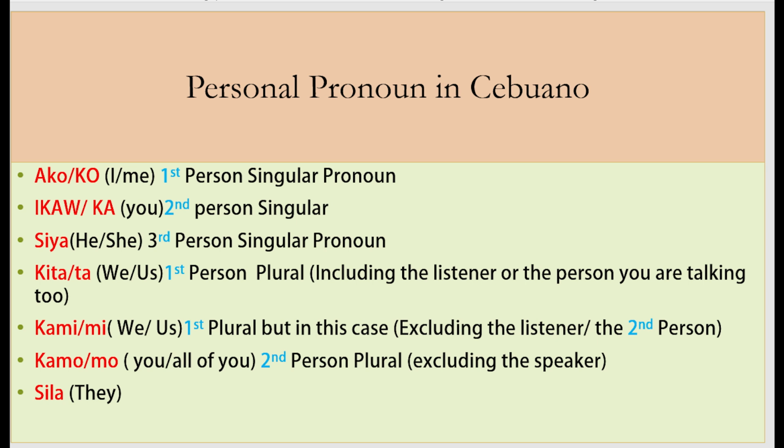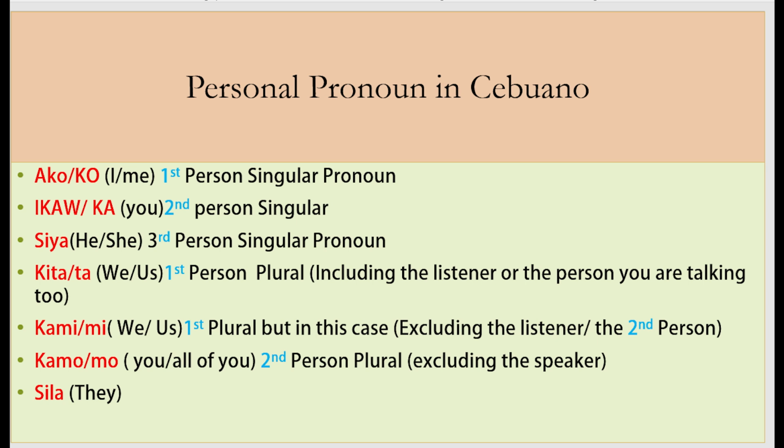So those are the singular personal pronoun. Next, we have the plural form kita or in short ta, we or us. This is the first person plural including the listener or the person you are talking to. So, we. In Cebuano, we have two versions of we.